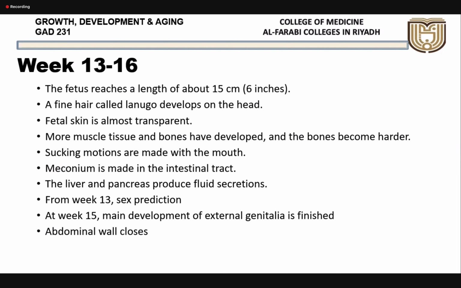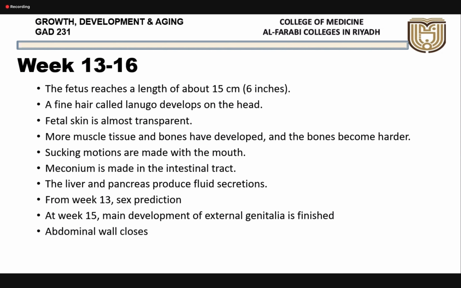But you should remember that the determination of sex happens at fertilization itself, depending on which sperm has fertilized, whether the X sperm or the Y sperm. What you can see with an ultrasound is the externally developed genitalia, which can be made out at the 16th week.